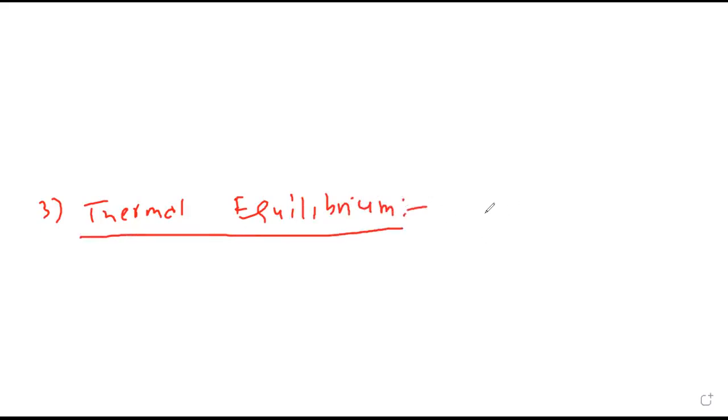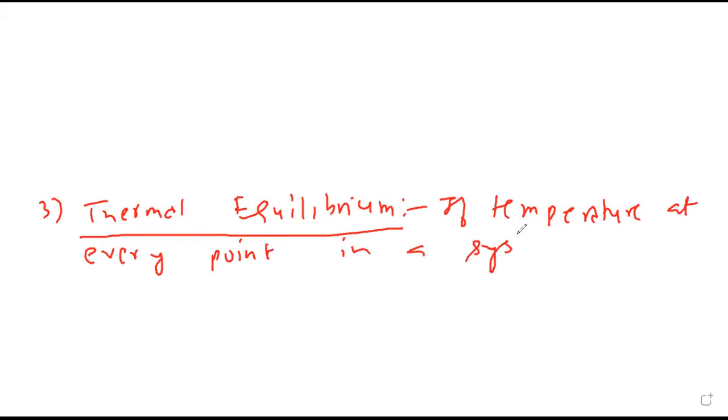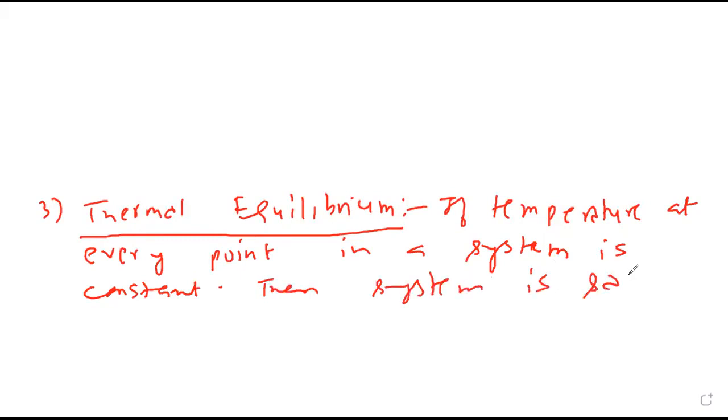Thermal equilibrium: if the temperature at every point in a system is constant, then the system is said to be in thermal equilibrium.